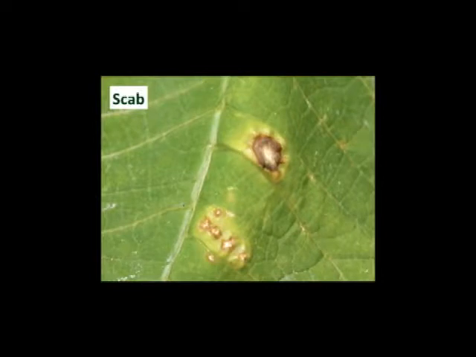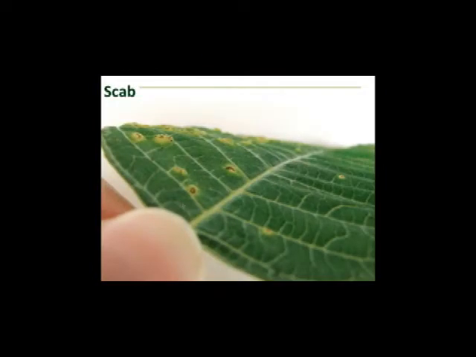Again, they look like raised blisters on the foliage. Forward. This is just an example of the raised lesions of what scab can do.